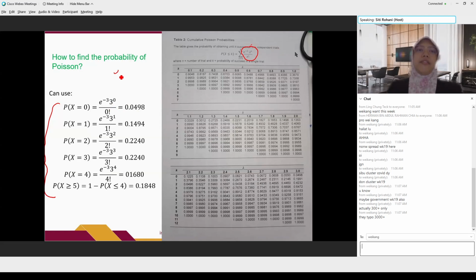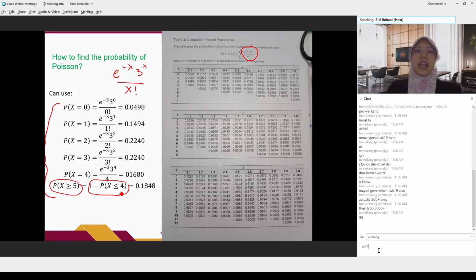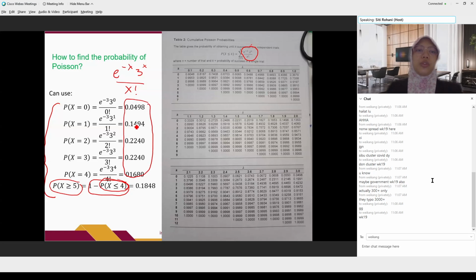You just substitute the values of lambda and x into the formula and you will get the result. Except for the last one, since we have P(X) more than or equal to 5, we have to do it like this: 1 minus P(X) less than or equal to 4. To find P(X) less than or equal to 4, you add all the values from P(X=0) until P(X=4).